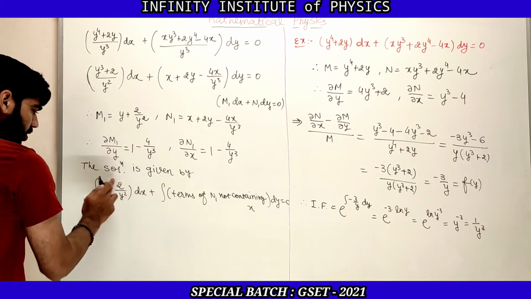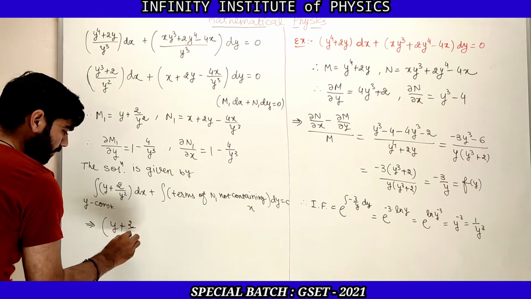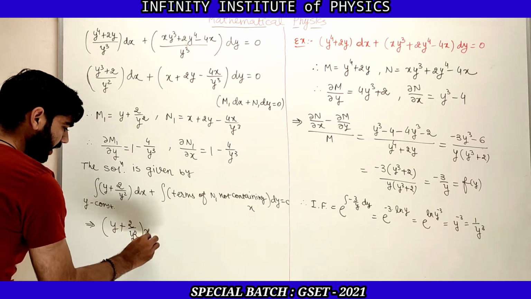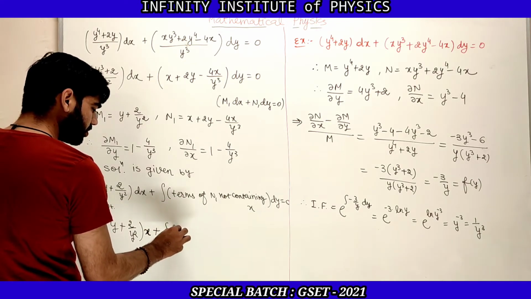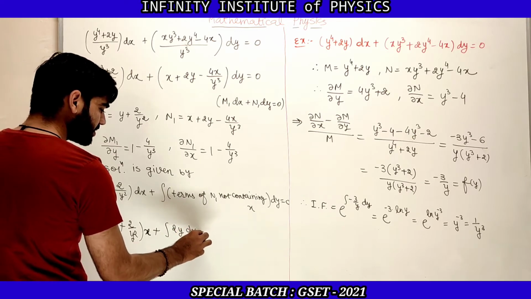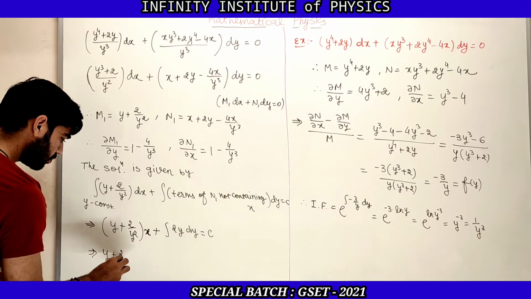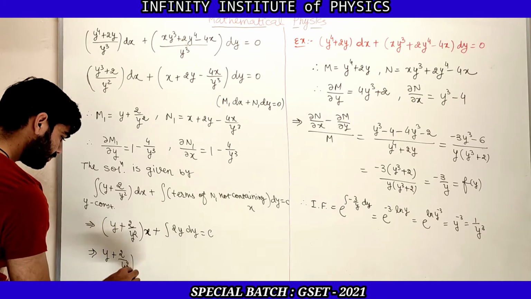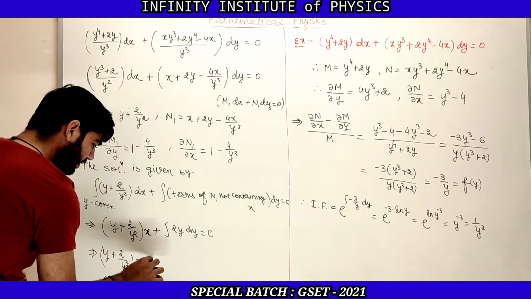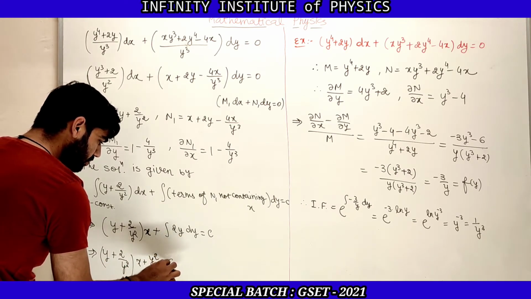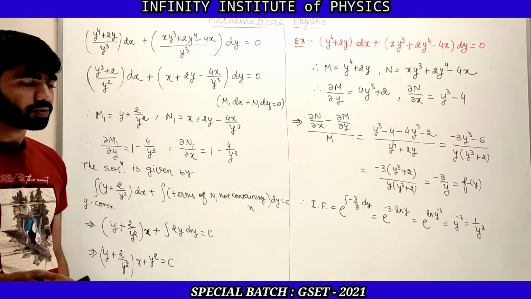Then integration of y plus 2 by y square will be y plus 2 by y square into x, plus the integration of 2y dy, which is equal to c. And now this is y plus 2 by y square into x plus integration of 2y, that is y square, which is equal to c, and which is the required solution, where c is a constant.